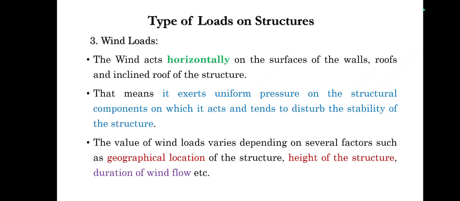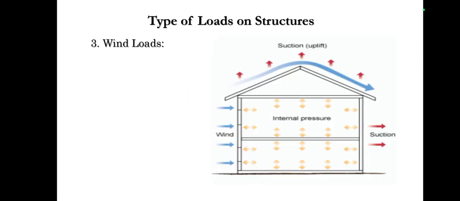The value of the wind load varies depending on several factors: geographical location, structural height, and the duration of the wind flow. Here you can see how the wind load is acting on the walls, or on the inclined roof, and how it creates the pressure.